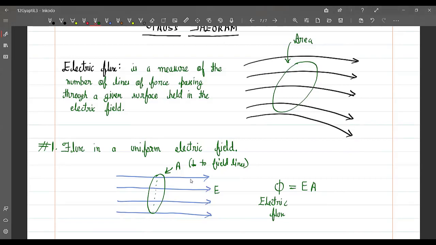Any questions up to here? I know we are just building up the concept, so it will still take some time before your mind grasps these concepts, but believe me, you'll soon get used to it. So through this circle, this much electric field is passing. So flux is electric field into area, as simple as that.